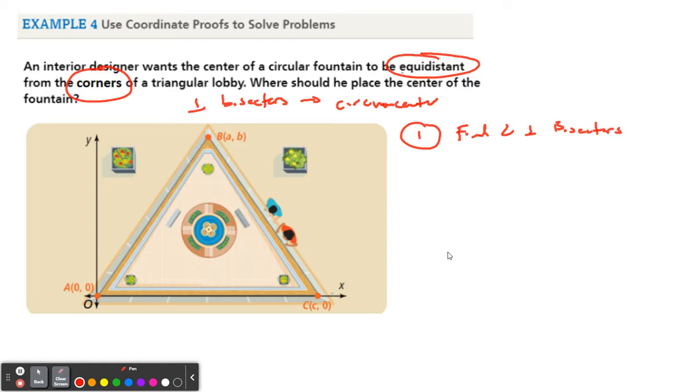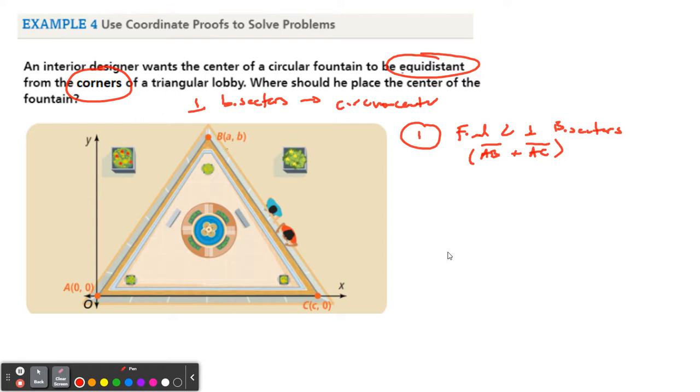Now again, you have 3 choices, right? I'm going to use AB and AC. The reason I want to use AB and AC is because it involves A, which is 0, 0. Now, because I'm doing perpendicular bisectors, I do want to change these coordinates, okay?